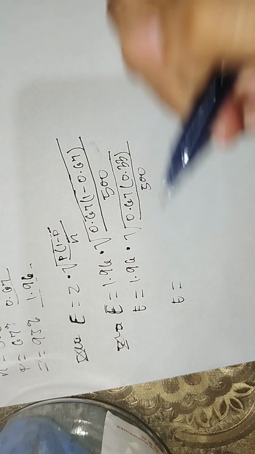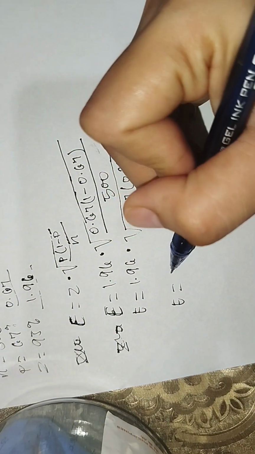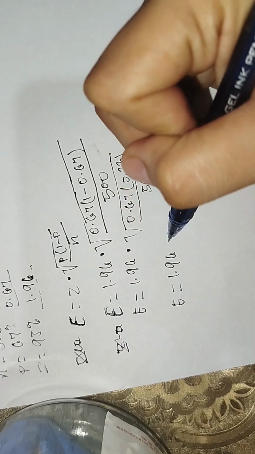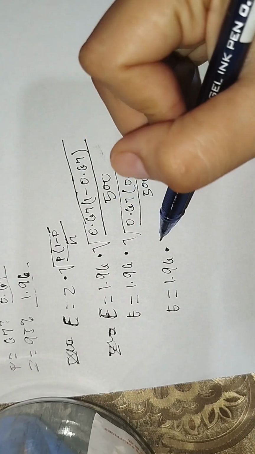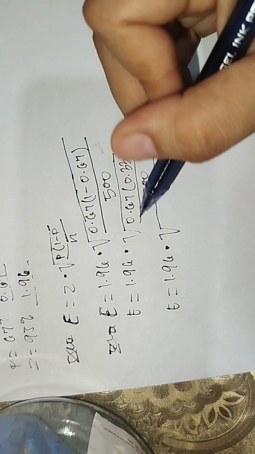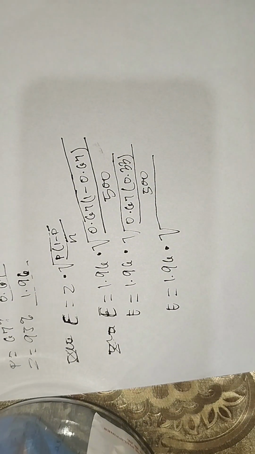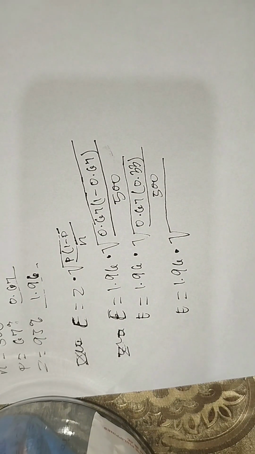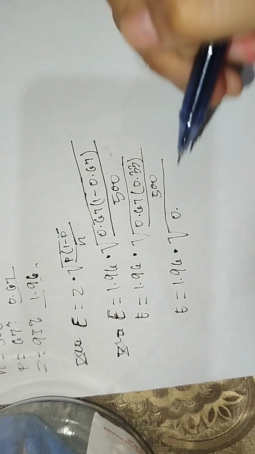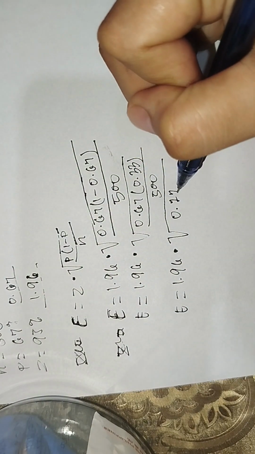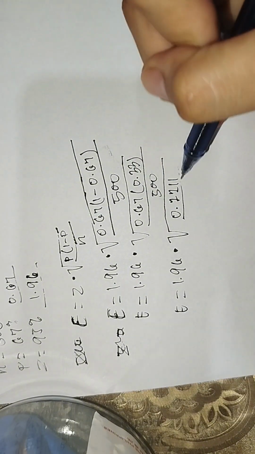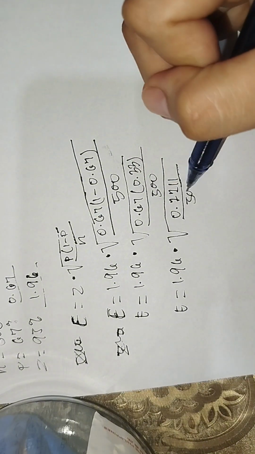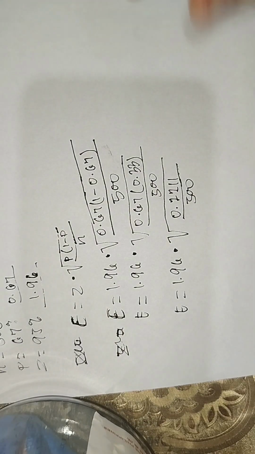Sunod, copy the 1.96 times 0.67 times 0.33 equals 0.2211 over 500.